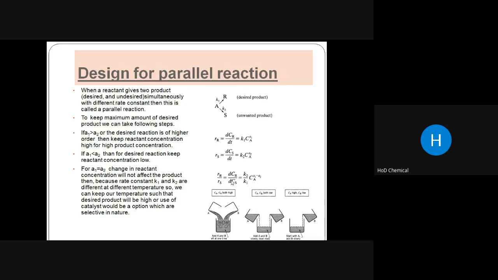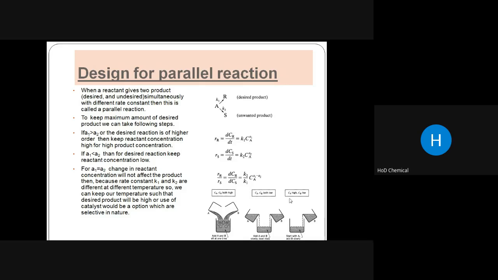Okay, so we can simplify both the desired product and unwanted product. So that is equal to K2 by K1 equal to Ca power of A1 minus A2. Okay, so these are the cases. So three cases can happen in a parallel reaction: the concentrations of component A and component B, both the reactants, can be added in high manner, or both the reactants can be added in low manner.